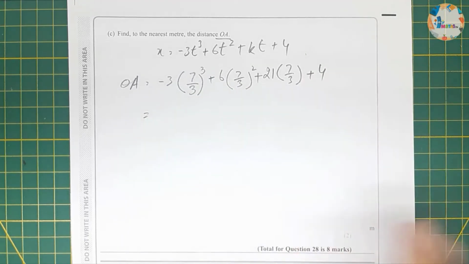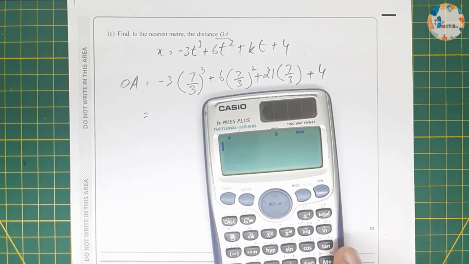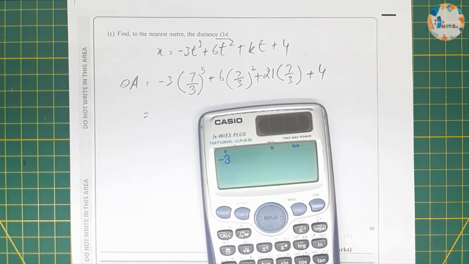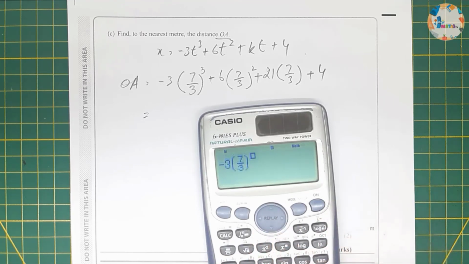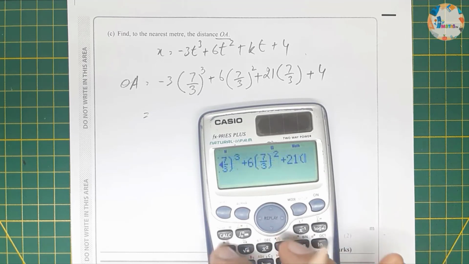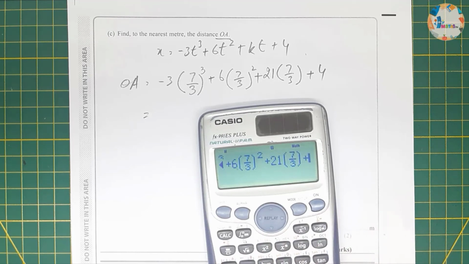Now we can solve this. So minus 3 into 7 over 3, all cubed, plus 6 into 7 over 3 squared, plus 21 into 7 over 3, and plus 4.